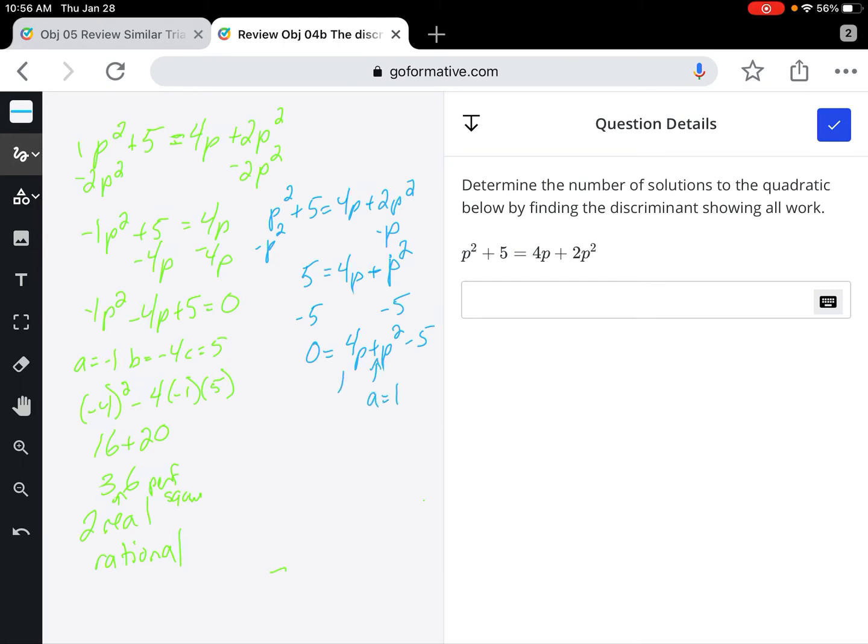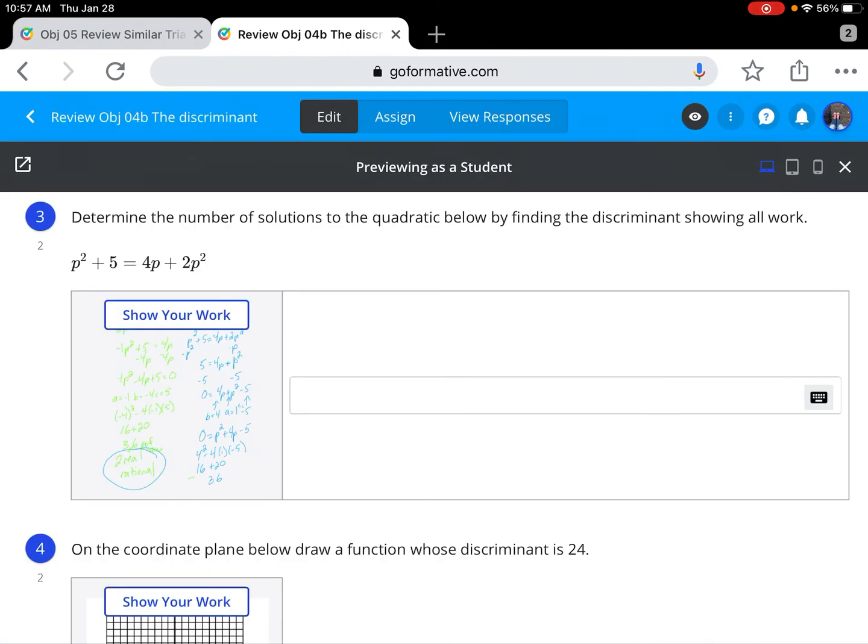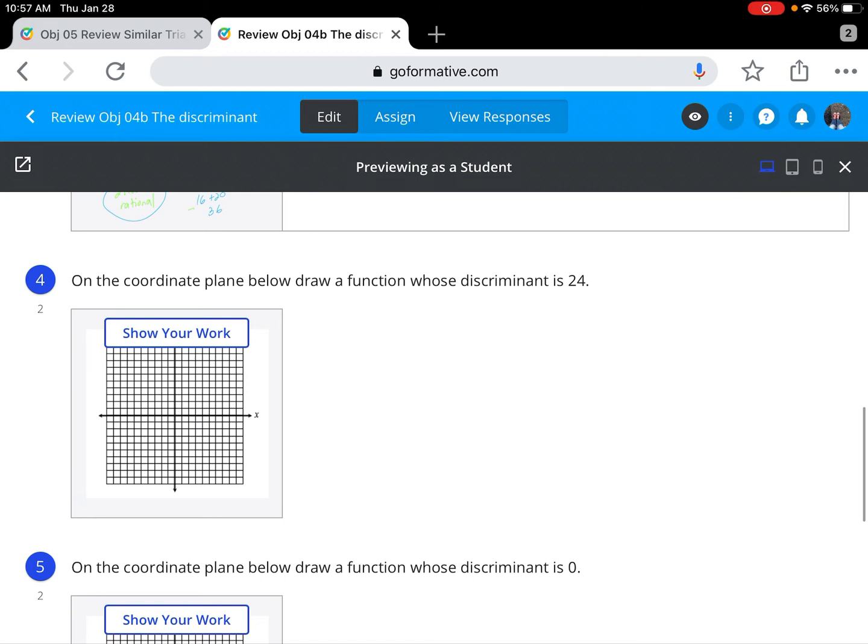You can rewrite this, but in this case, a would be 1, b would be 4, and c would be negative 5. If you need it rewritten, you always go your squared term, then your plain x term, then your constant. And if I plug this into the discriminant, this is going to be b squared minus 4 times a times c. I still end up with 16 plus 20, which is 36, and you still end up with the same answer here.